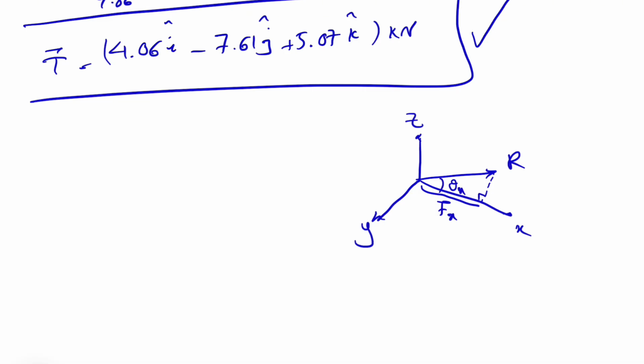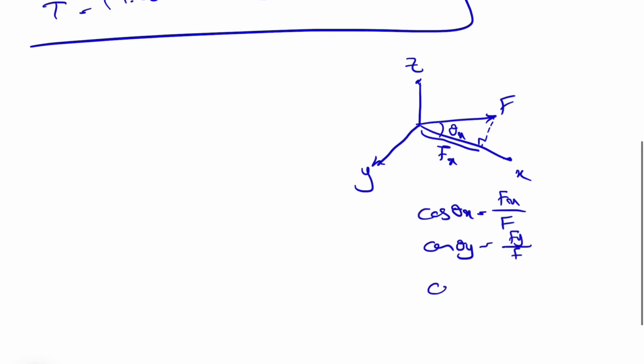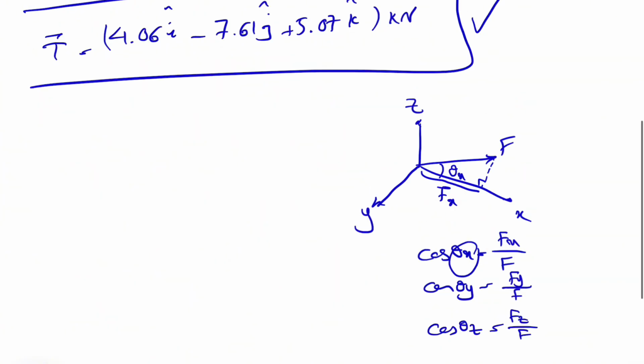If we want to find theta x, we basically have cosine of theta x is equal to Fx over F, which is the adjacent over the hypotenuse, and F in here is our R. So same thing goes for cosine of theta y, again Fy over F, and cosine of theta z would be Fz over F, meaning if we want to find theta x, theta y, theta z, all we need to do is find the x, y, z components and divide by the magnitude of the force.